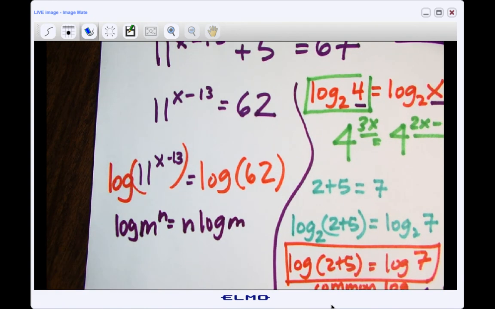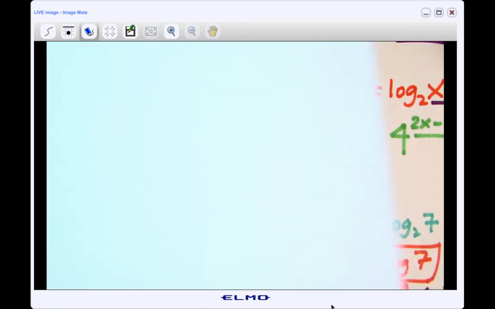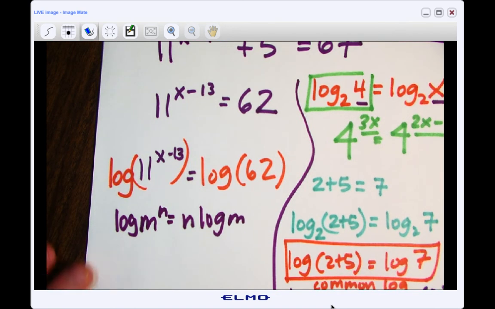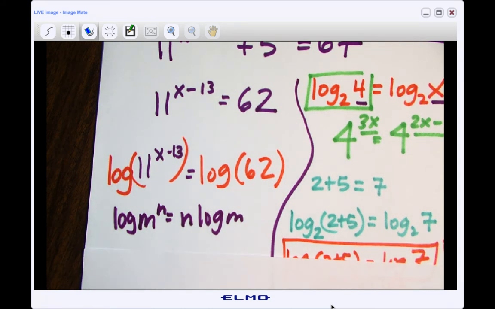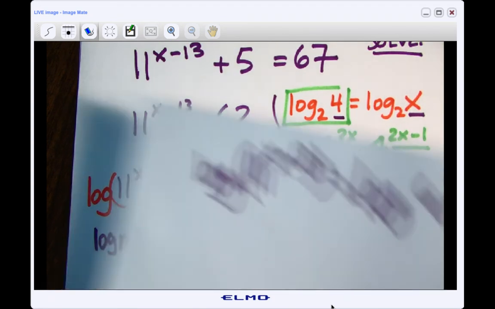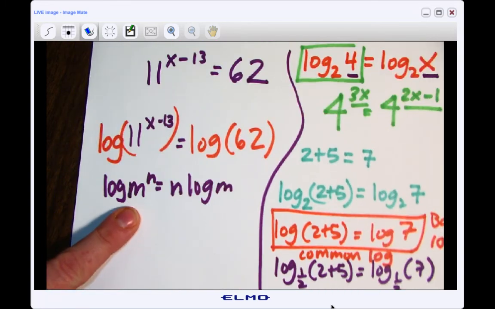And if you don't know that, then you want to get out the video on properties of logs and take a look, okay? So let me rewrite this on a nice clean piece of paper because it's getting a little confusing. Let me make some nice big space and we'll put it right up here where you can see it. Okay, so this is where we are, and I'm going to use this property right here.